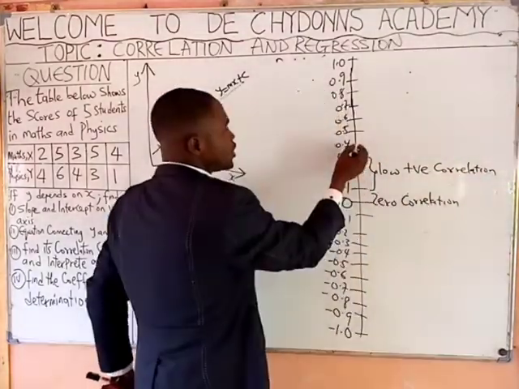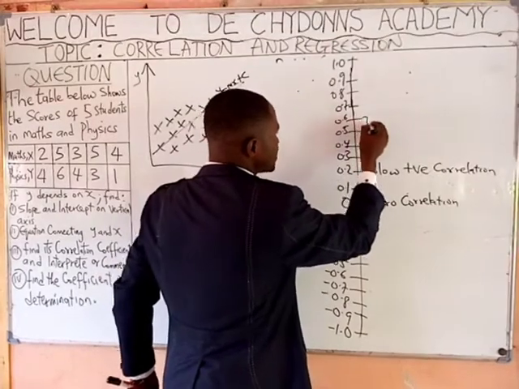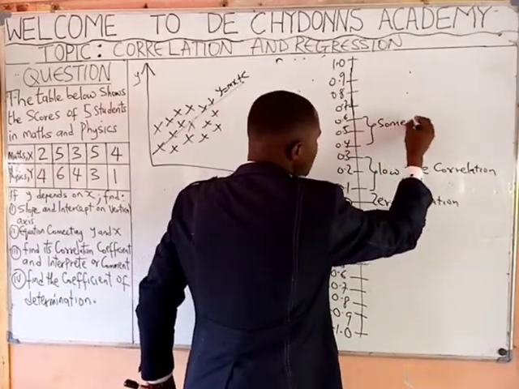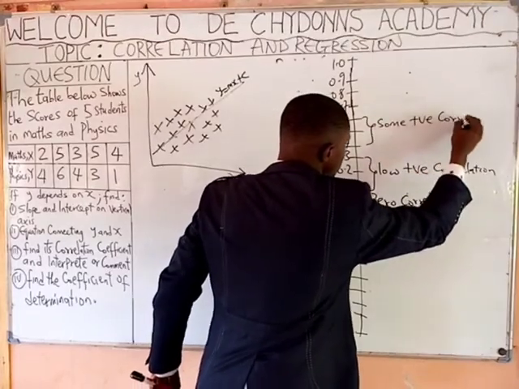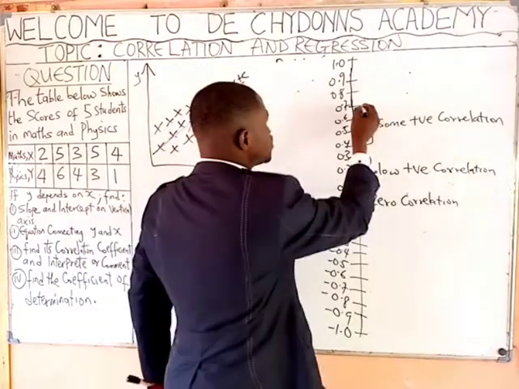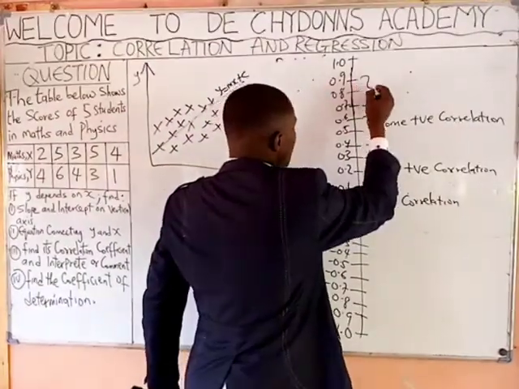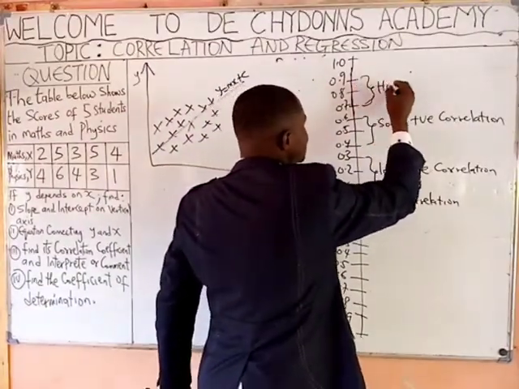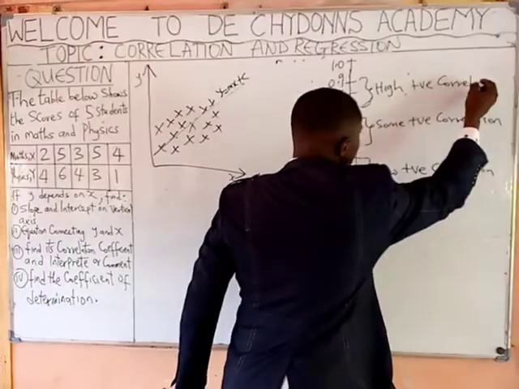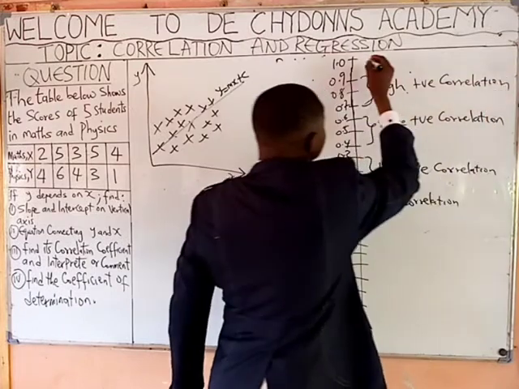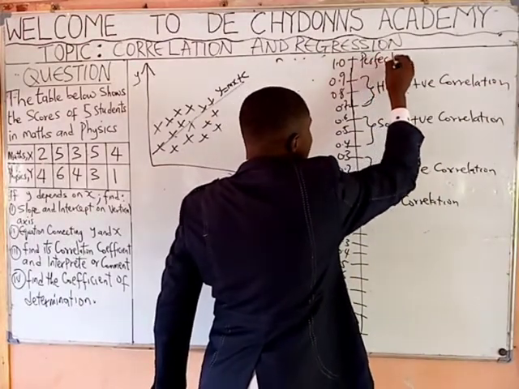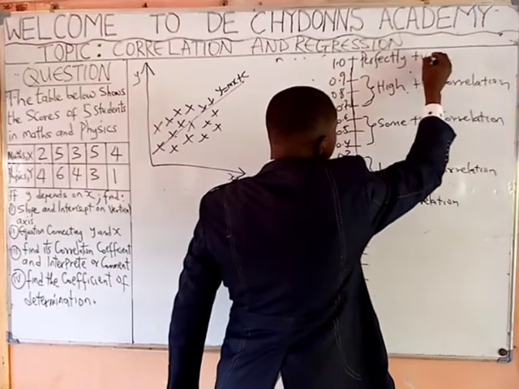When it is between 0.4 and 0.6, there is some positive correlation. When it is between 0.7 and 0.9, there is high positive correlation. When it is 1, it is perfectly positive correlation.